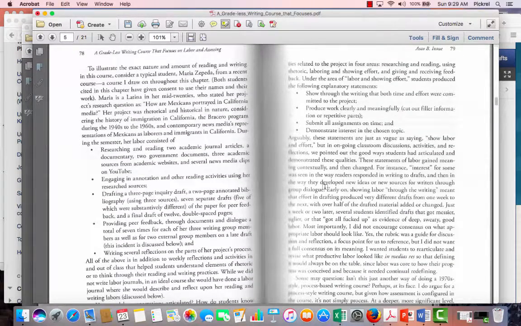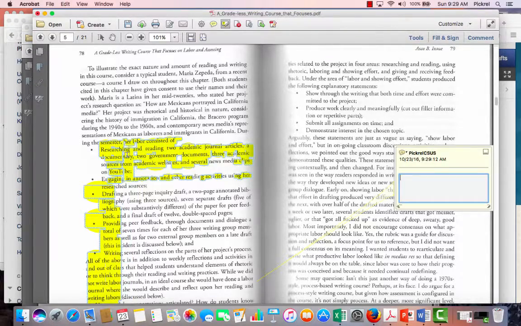Another organization strategy that the author uses is to give some of the data or information in bullet form. So here you can kind of see that, and I'll make a note: the author uses a bulleted list to organize data from student surveys, I believe is what this is.